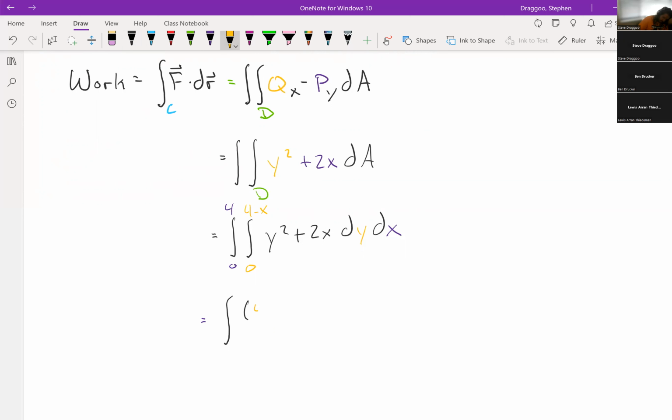So this will be 4 minus x cubed over 3 plus 2x times 4 minus x, minus the evaluation when I plug in 0, but I'll just get 0 when I do that. Leaving me with a dx token, x still goes from 0 to 4.